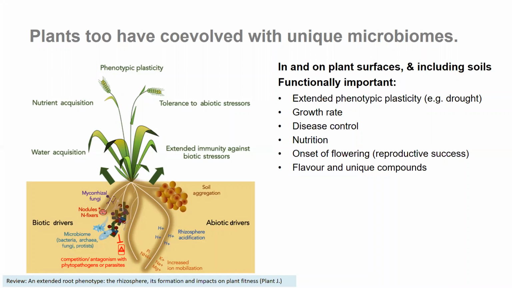What's also coming through the literature at the moment is the role of the microbiome in and on the plant in conferring new metabolites and secondary metabolite pathways, which changes what the plant does. And these are really important. These are like flavor compounds in strawberries, or the unique factors in honey. In New Zealand's agricultural sector, ryegrass is dependent on a microbiome to protect it from the grazing of invertebrate pests. So they're really, really important.